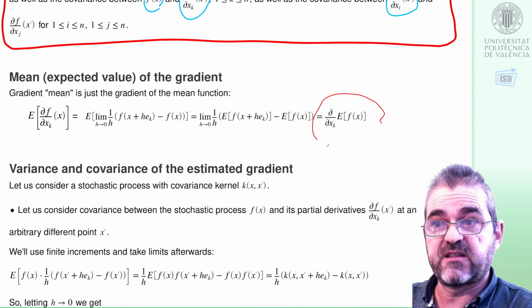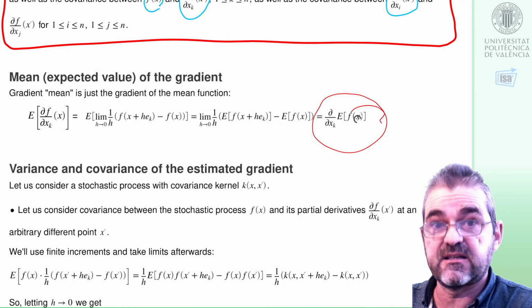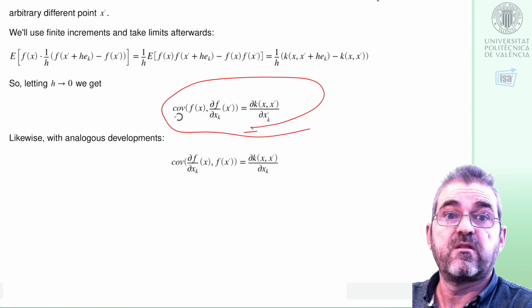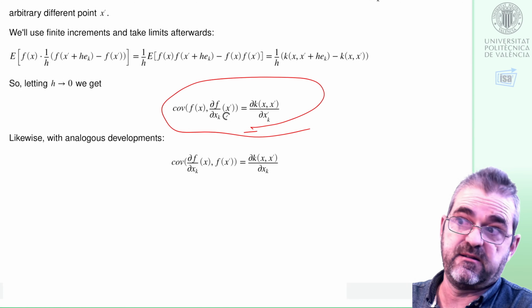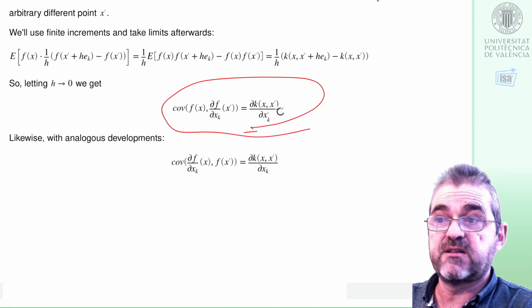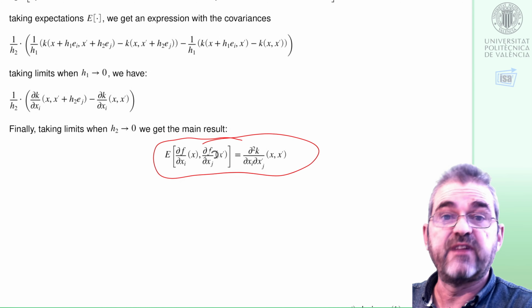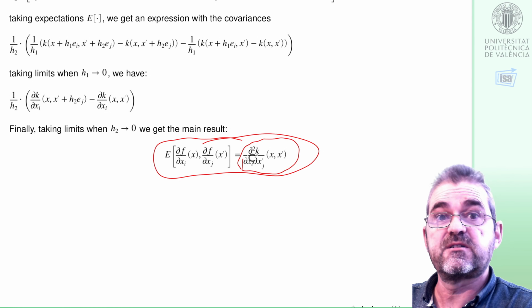The expected value of a derivative is just the deterministic derivative of the mean, and then the covariance between the originating process and the derivative of it is the first derivative of the covariance, and the covariance of the partial derivatives themselves is obtained with the second cross derivative of the covariance function. So this is it.